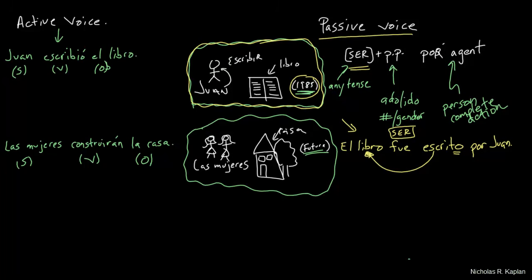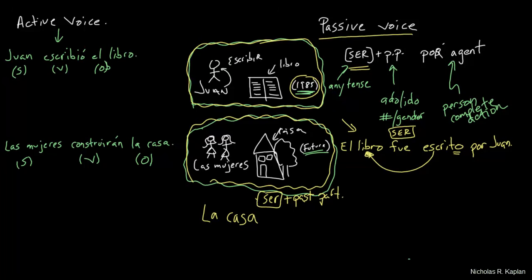Second sentence. The women will build the house. If we were to take that and put it into passive voice, we're going to start with the house. We're using the object first. Then we need ser plus the past participle. So la casa would fall into box 3. We're in the future, and so I think we should use future tense still.